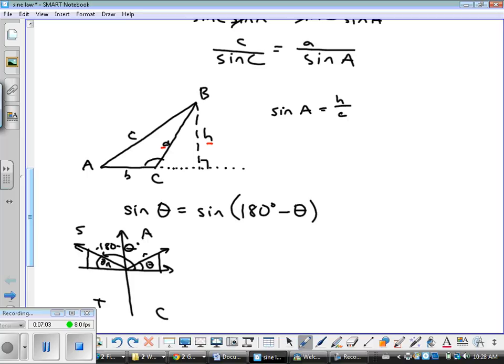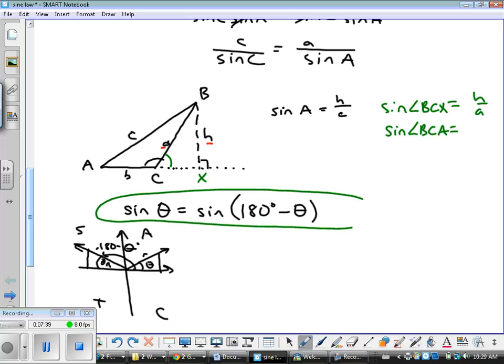So what that means is that sine C in the triangle is actually going to be equal to the sine of, let's make this x or something, it's also going to be equal to the sine of that angle. Okay, and so we're using the triangle, and we're saying sine of angle BCX, which is not the same as our C in our triangle, is equal to h over a, but we've also shown that sine BCA is going to have to equal the same thing just because of this, right?